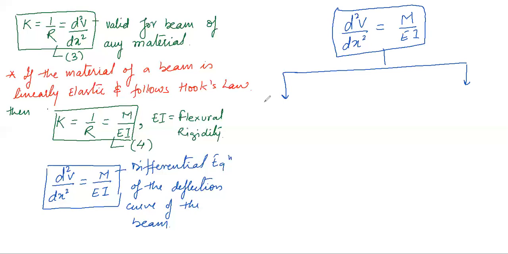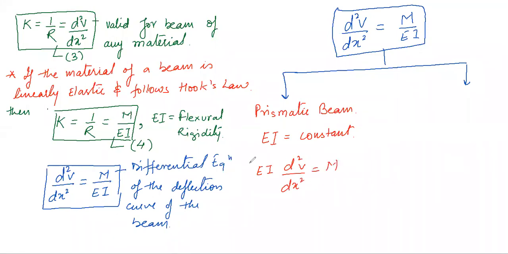When you have a prismatic beam, now what is the meaning of prismatic beam? A prismatic beam is one where the flexural rigidity is constant, right? Then the equation is EI d squared v upon dx squared is equal to M. So it is segregated into prismatic beam and non-prismatic beam.